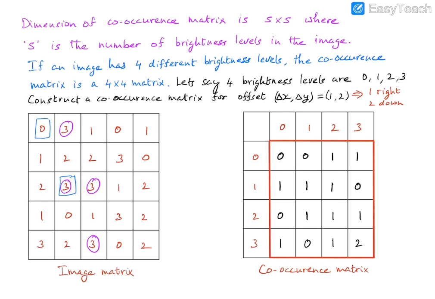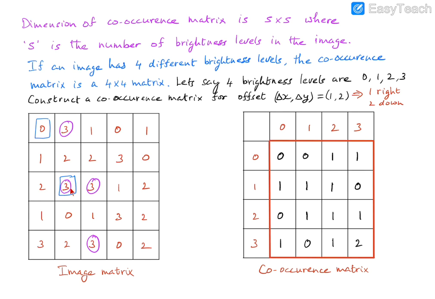Okay, so basically we have to look for the pixel pair values that we see in this matrix and count the number of times that that particular pixel pair values occur at the given offset. Okay, so the offset matters because we are looking for the pixel values occurring in that spatial relationship within the image. So basically the offset is telling us the spatial relationship between those pixels. So this is the spatial relationship between these two pixels.